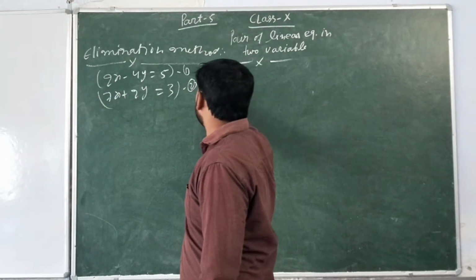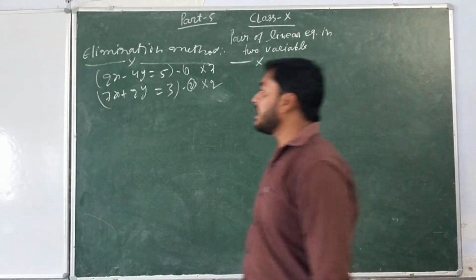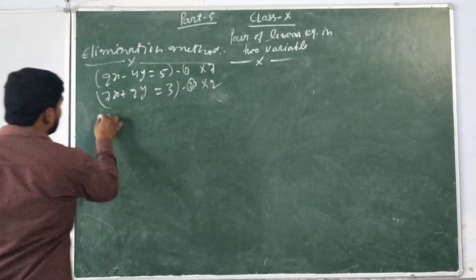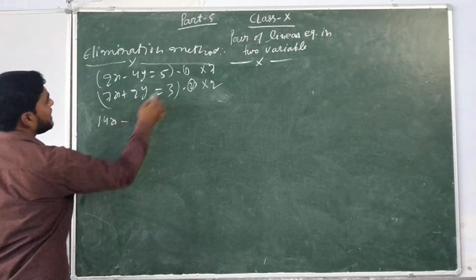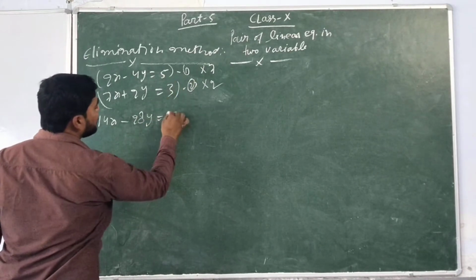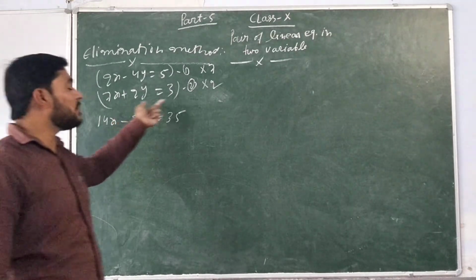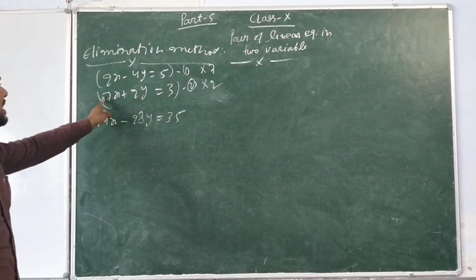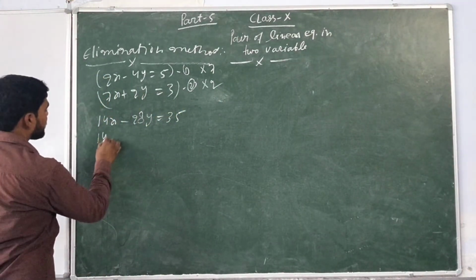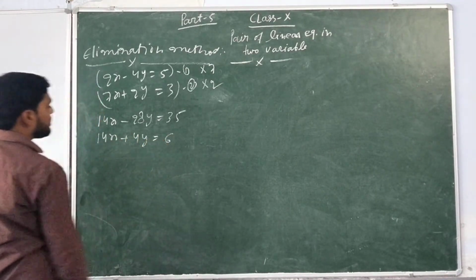If you multiply the first equation with 7, you will get 14x minus 28y equal to 35. Now multiply the second equation with 2, so you will get 14x plus 4y equal to 6.